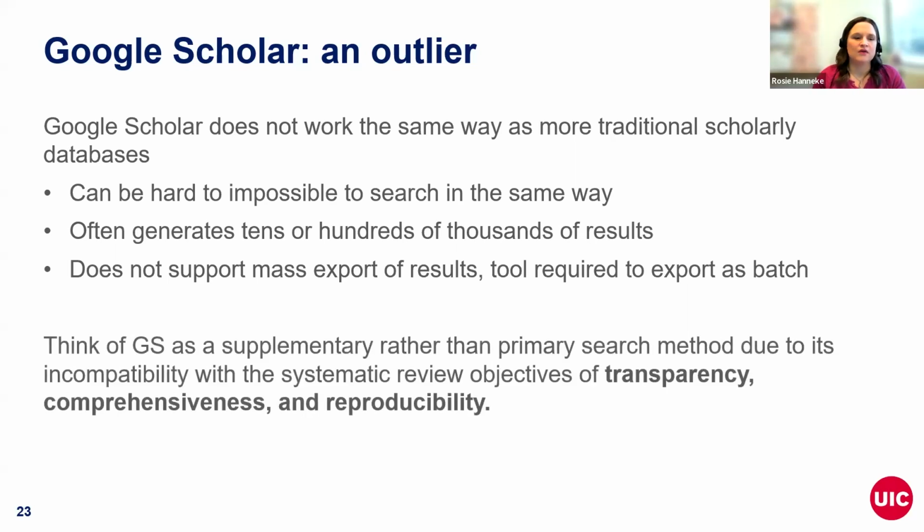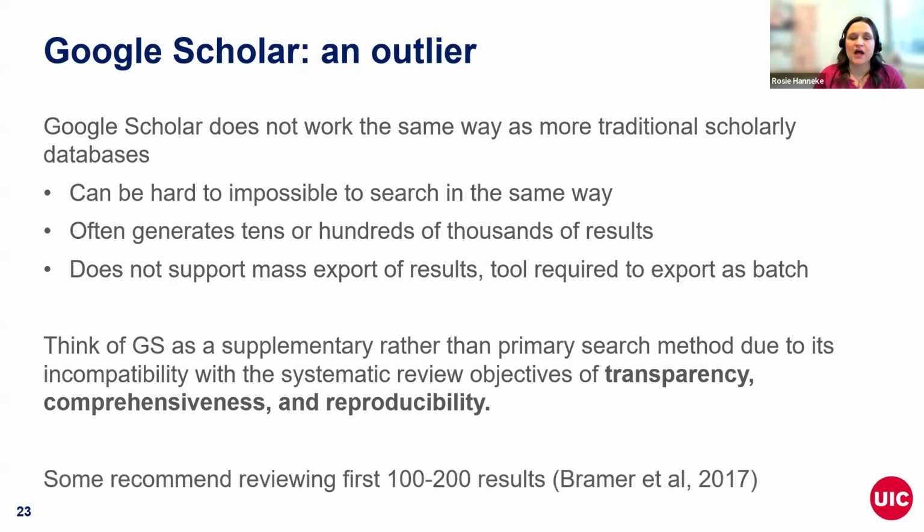So we want you to think of Google Scholar, if you search it, as a supplementary search method rather than one of your primary database search resources. And that's because although it is a valuable database in many ways, it is incompatible with the core principles for systematic reviews of transparency, comprehensiveness, and reproducibility.